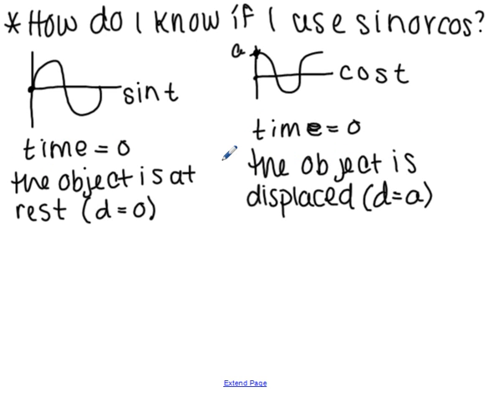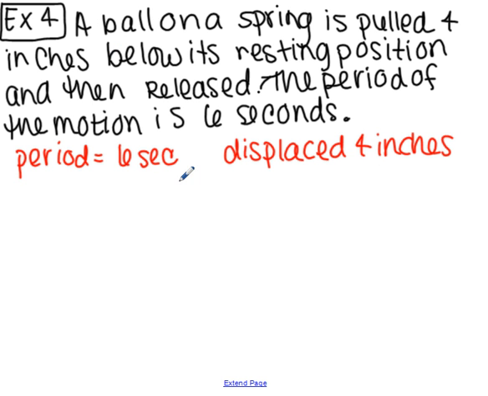I'm displaced 4 inches. So here it says the object is at rest. Here it says it's displaced. Therefore, I'm going to use cosine. So I know what the displacement is. It's 4.